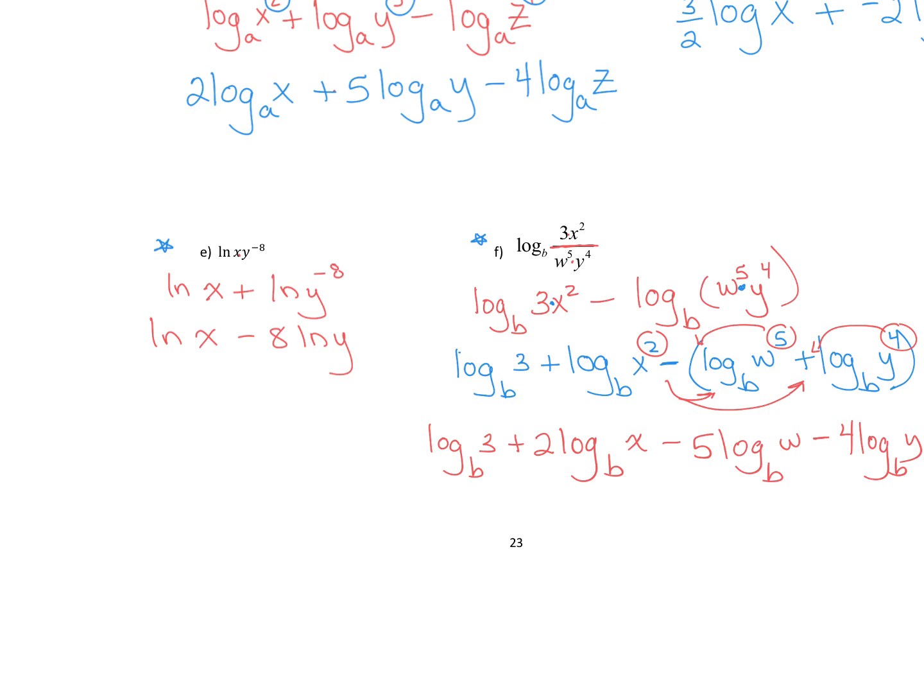And what I want you to notice is that these two things that were in the denominator have a negative sign in front of them. And that is something useful to know when we take these things and condense them into a single log.